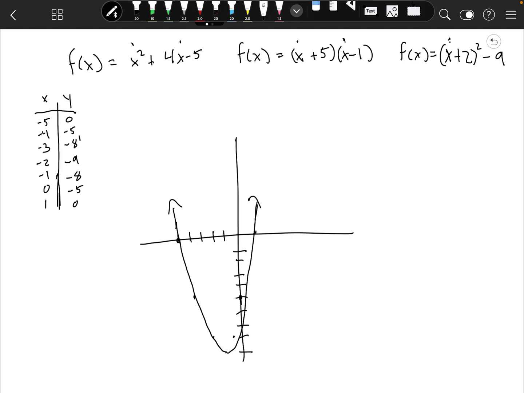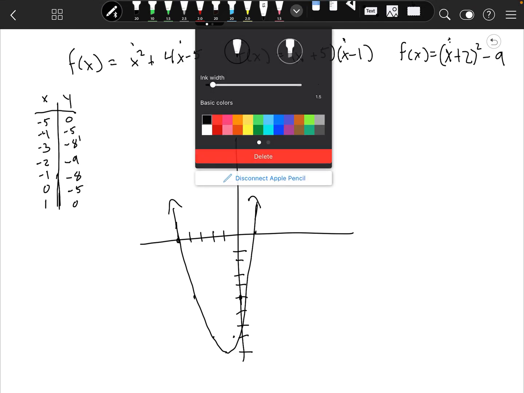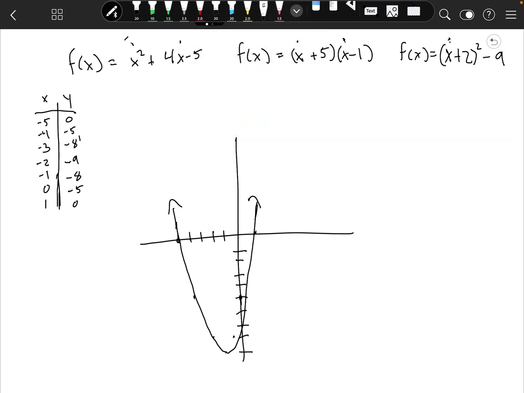Okay, so let's take a look at those three functions again. Each of those functions kind of has its own superpower. So let's take a look at the first one. It's in standard form. You might remember ax squared plus bx plus c. This came in handy when we were making word problems, especially with gravity.